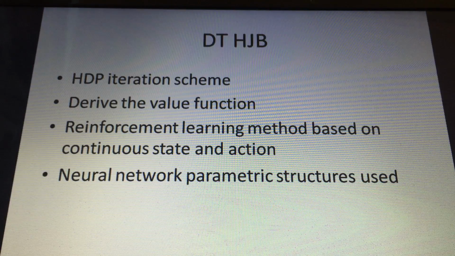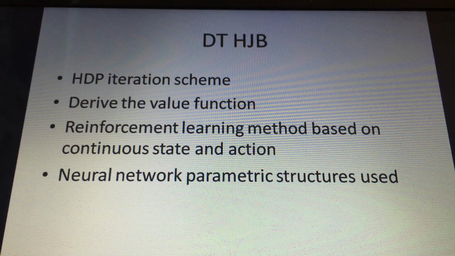For discrete-time Hamilton-Jacobi-Bellman equations, we use HDP iterations, which do not require an initial stable policy. It derives the value functions of the problem with continuous state and actions.